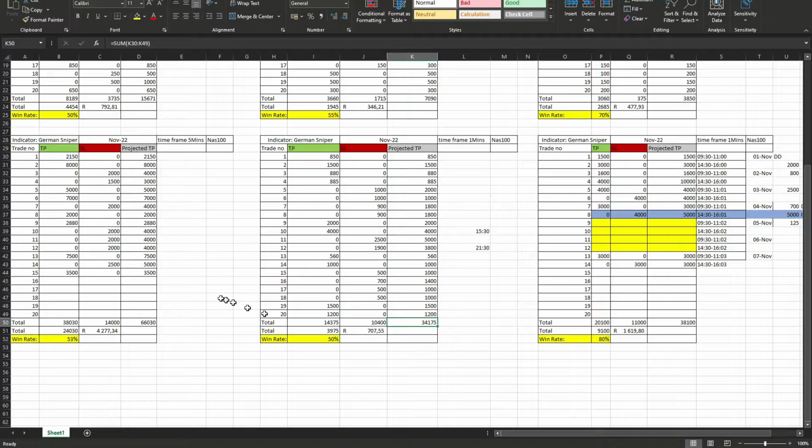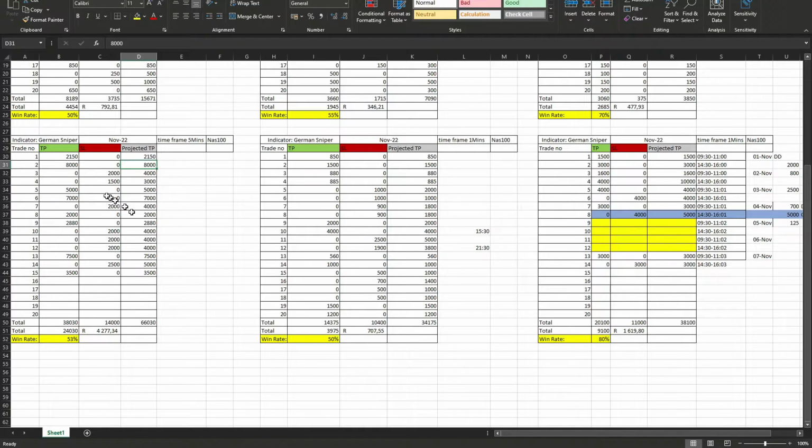That's because the trades on the 5-minute time frame are significantly higher than the ones on the 1 minute time frame. The highest one over here being 5,000, but then the highest trade on the 5-minute side is 8,000. So on the 5-minute time frame, you will get a projected total of 4,277 Rand. And then on the 1 minute side, you have a 707 Rand total.